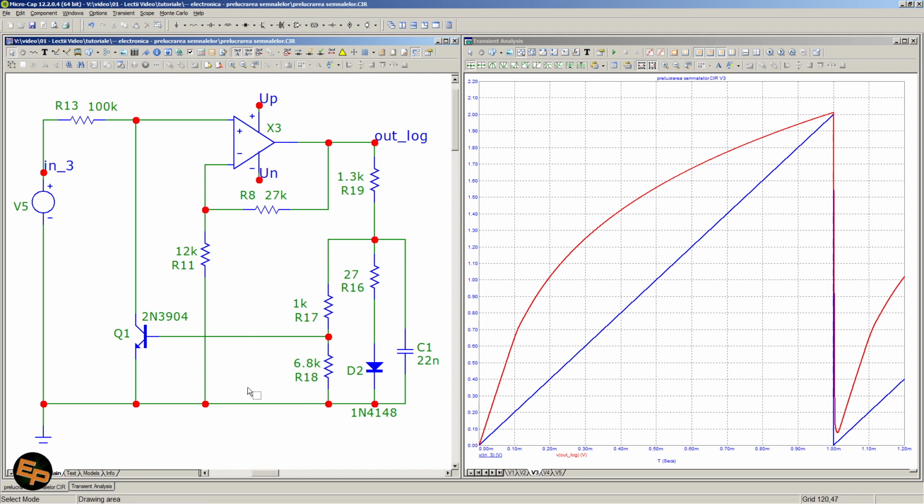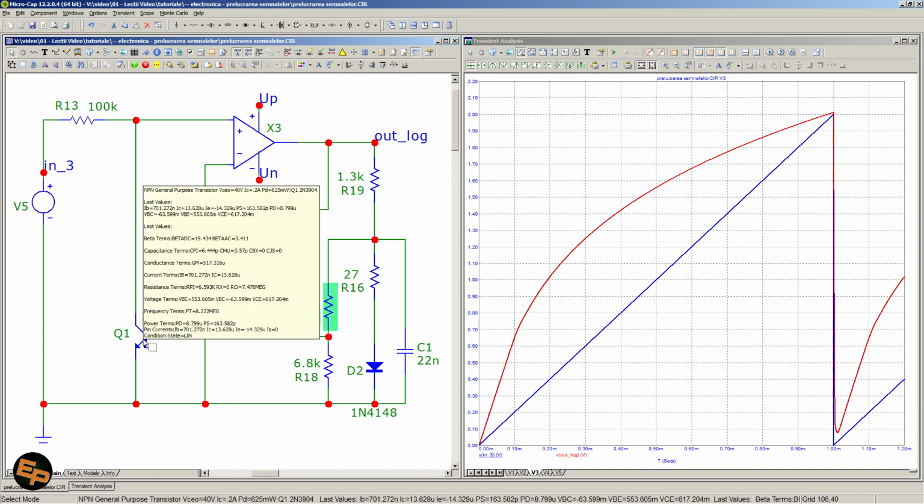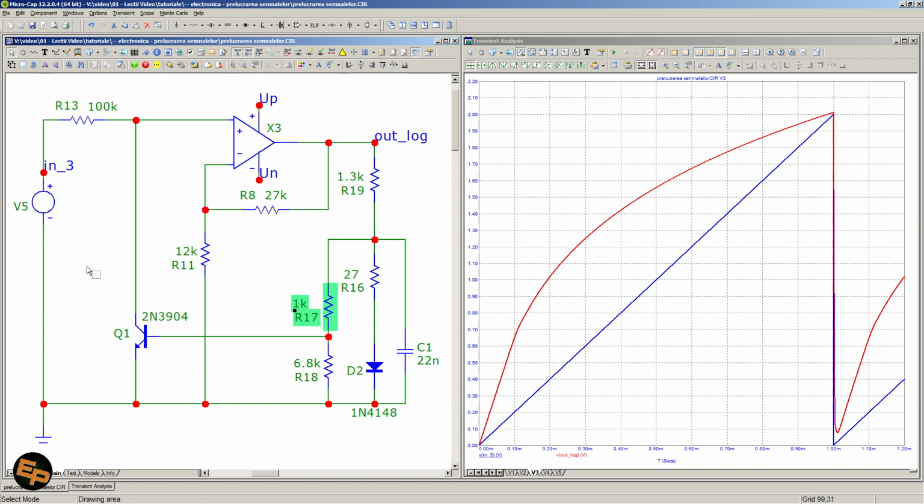And this is given by the other voltage divider here, made by these two resistors placed in parallel with the diode and its associated resistor. And basically these are set to have a certain value so as to turn on this transistor faster or slower.